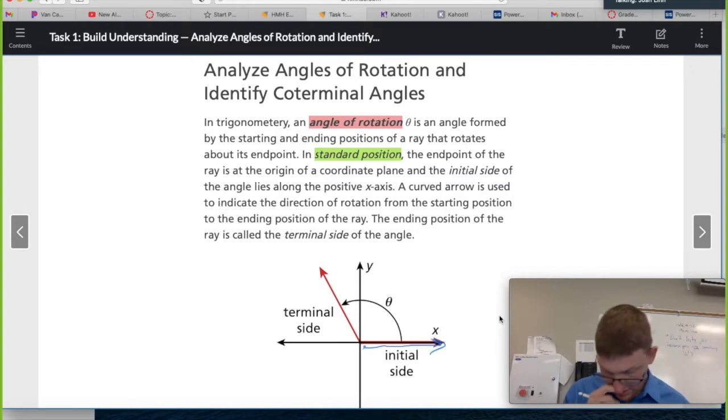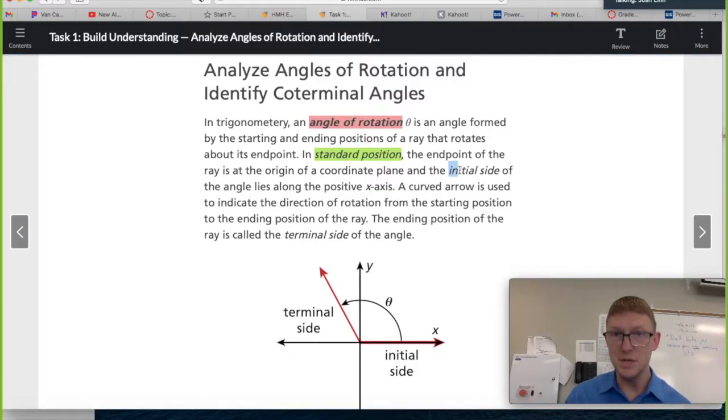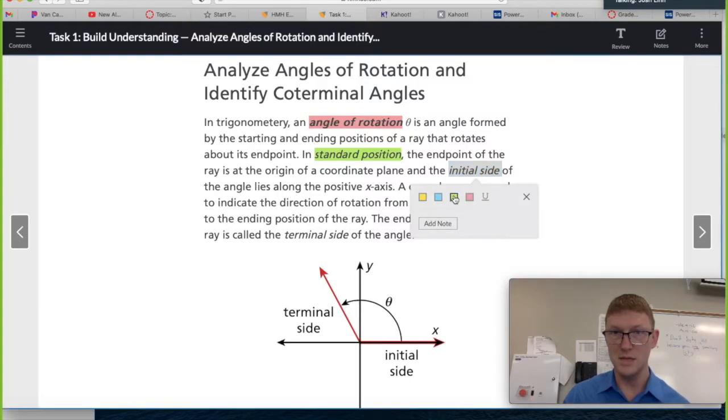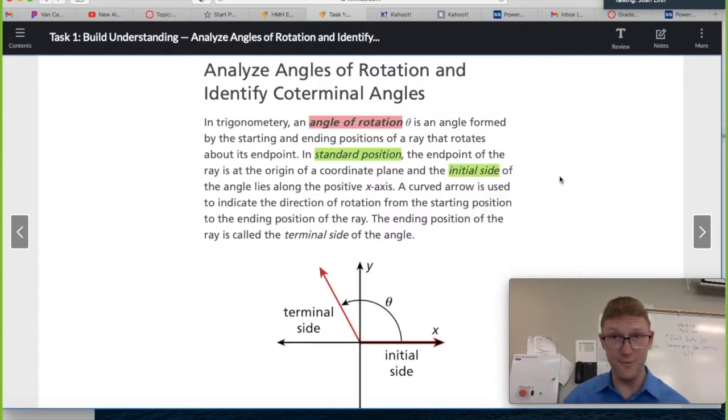Hopefully you know that an angle is two rays or lines that intersect, and how much they intersect, or what angle they come in at, is what we're referring to as the angle. In standard position, we always assume your first ray is right there along the x-axis. That's just where everything starts. It begins at the origin and goes out along the x-axis. That's the initial side. Initial side refers to that first ray.